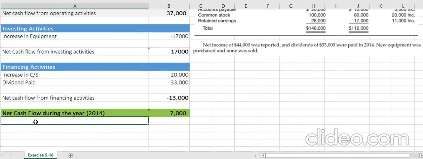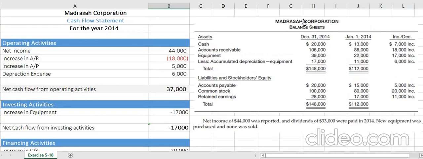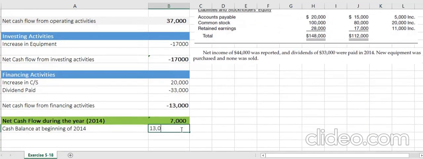How much cash was there, or what was our cash balance at the start of the year, or you can say at the beginning of 2014? If you see here the balance sheet of the company, cash, and it's written 1st January 2014, which was the beginning of the year, we had $13,000 in cash with us. So I will write this $13,000 here.